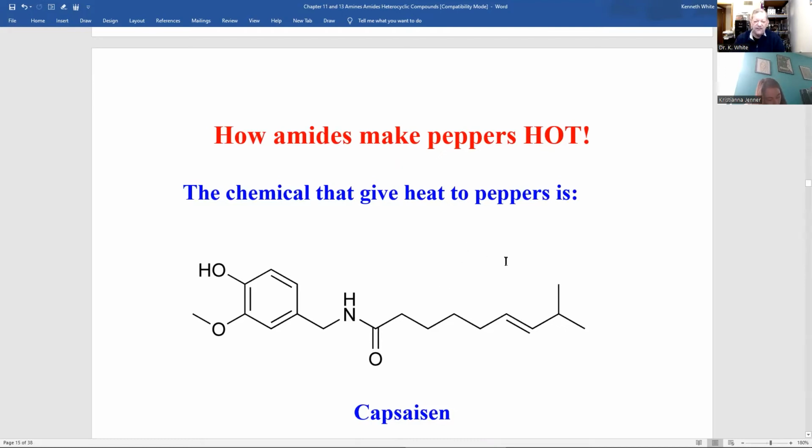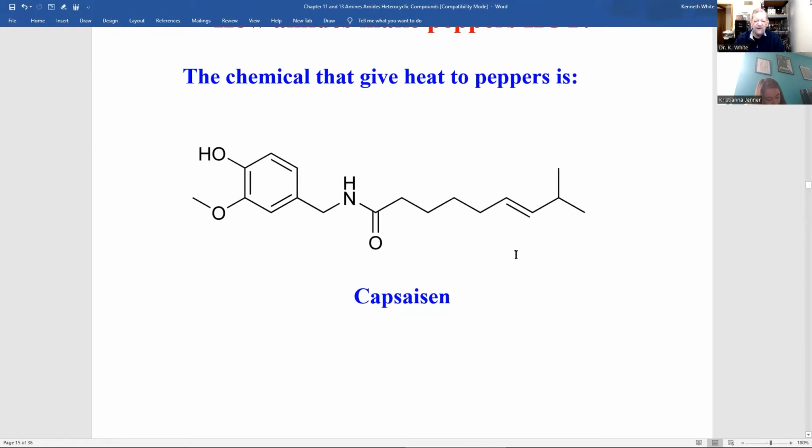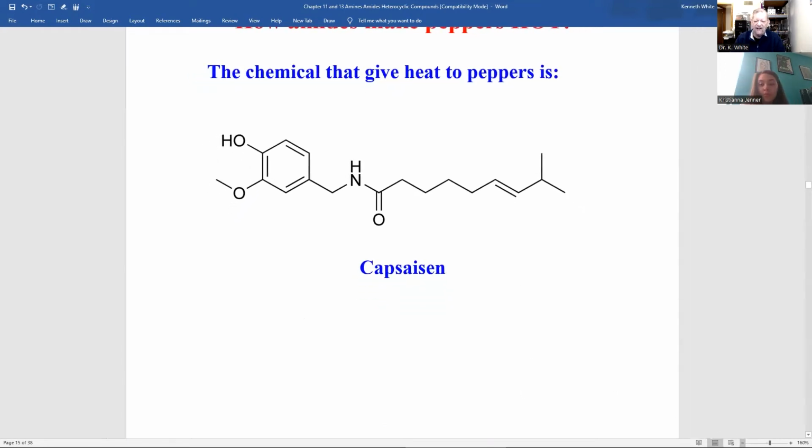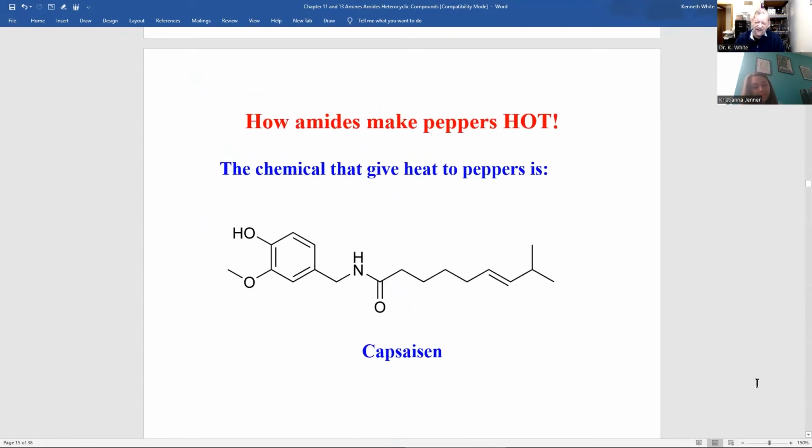Does everybody see on your screen capsaicin? And this is a molecule. This is a common name, not the IUPAC. And notice right here, I have an amide. I also have an ether.